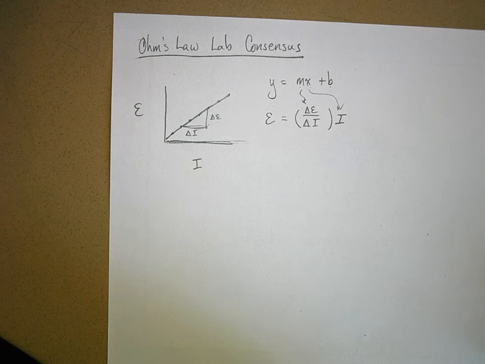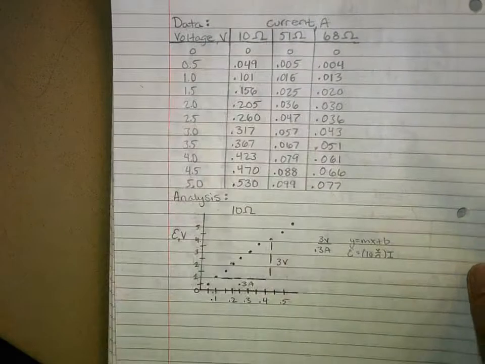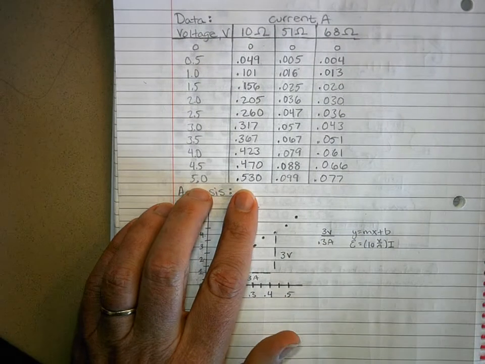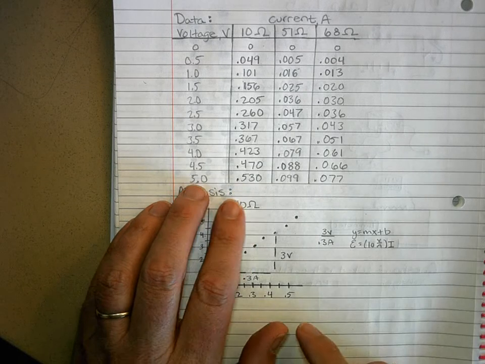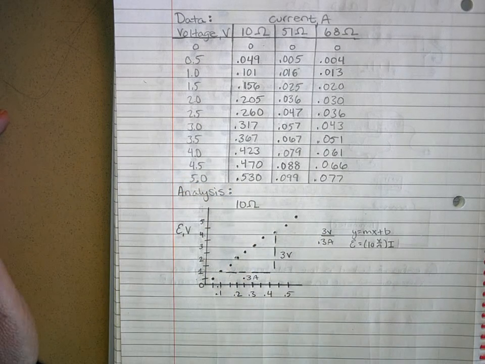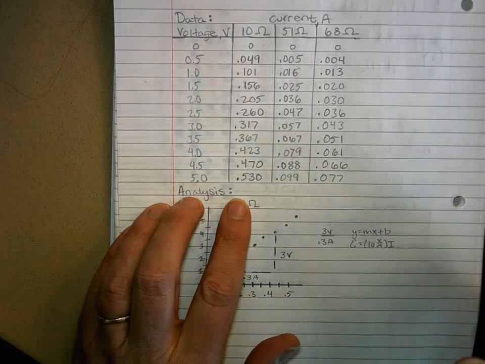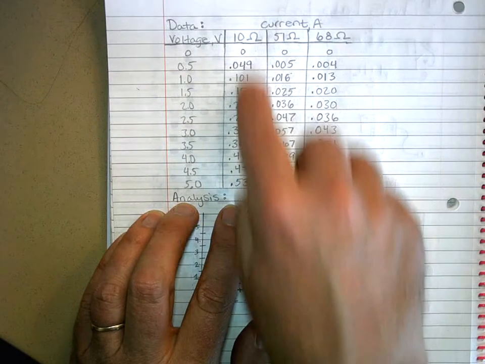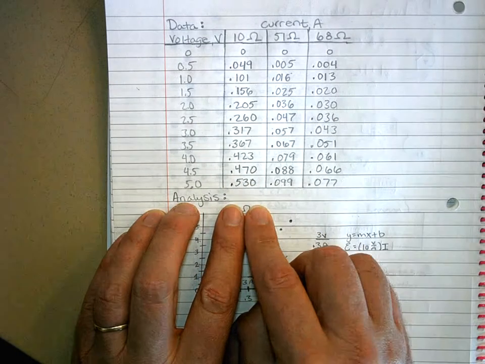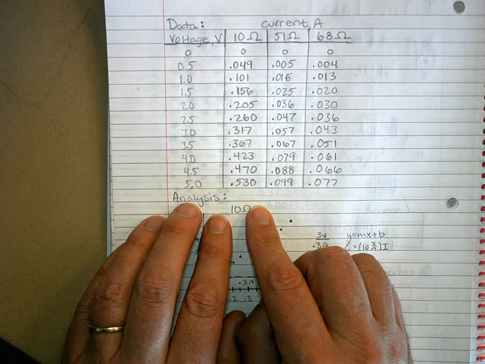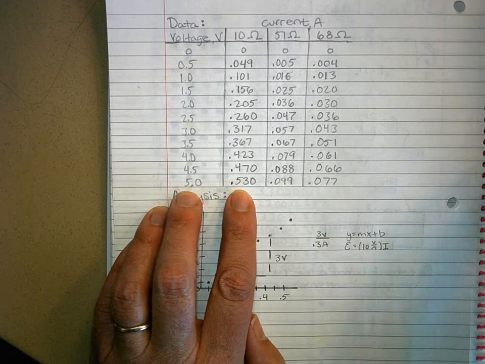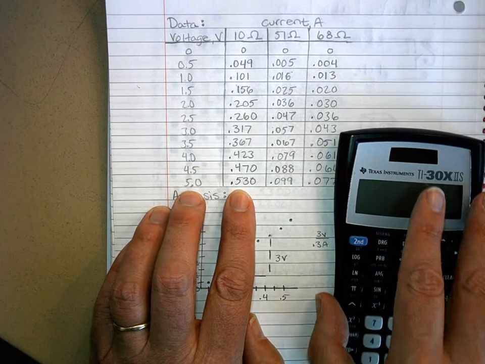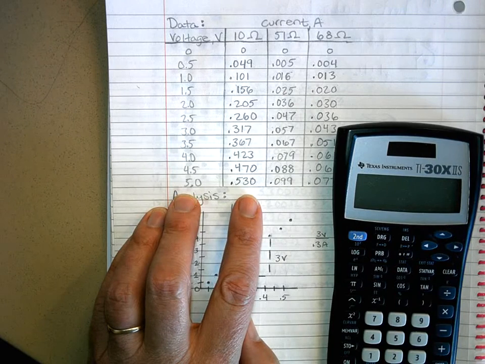Well, let's take a look at the data here. Let's take a look at the 10 ohm resistor data. So if we start from 0 and go out to here, look at this. I could go 5 divided by 0.53.